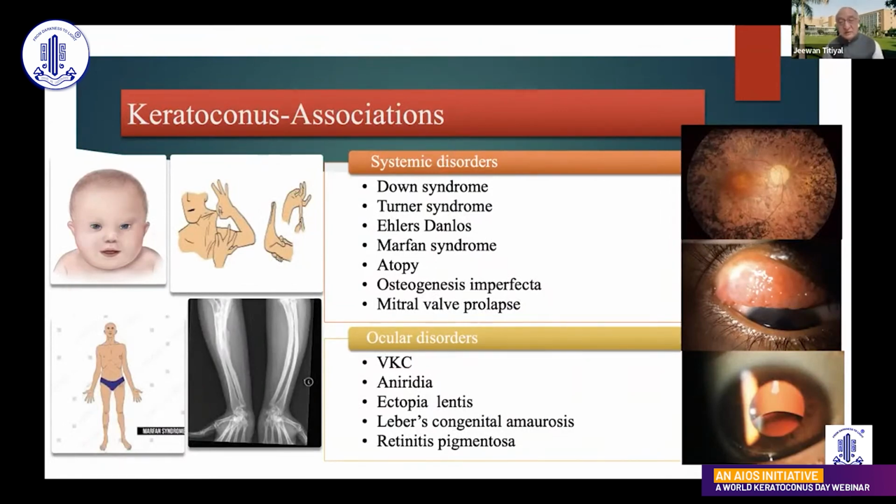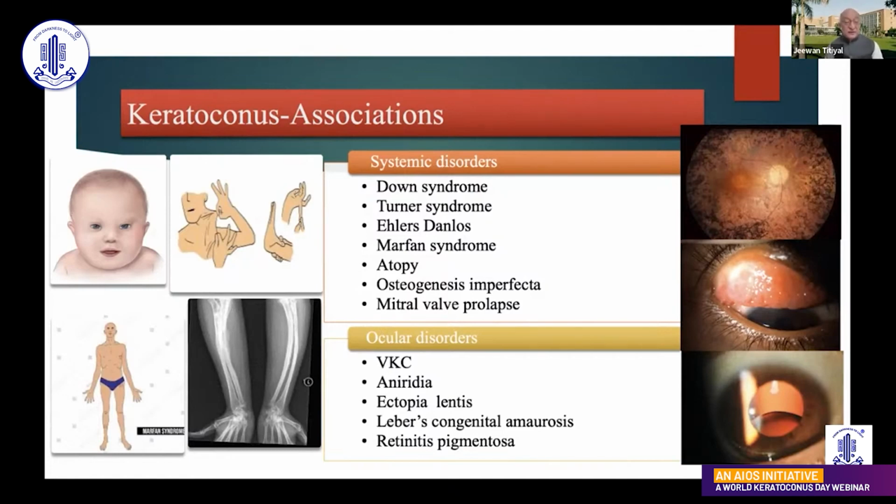But we know that there are some systemic diseases or syndromes with which this disease can be associated, and there can be local eye disorders which may also predispose or be associated with keratoconus. The important disorders or syndromes very commonly seen are Down syndrome and Turner syndrome, which have many other systemic features apart from the eye disease.